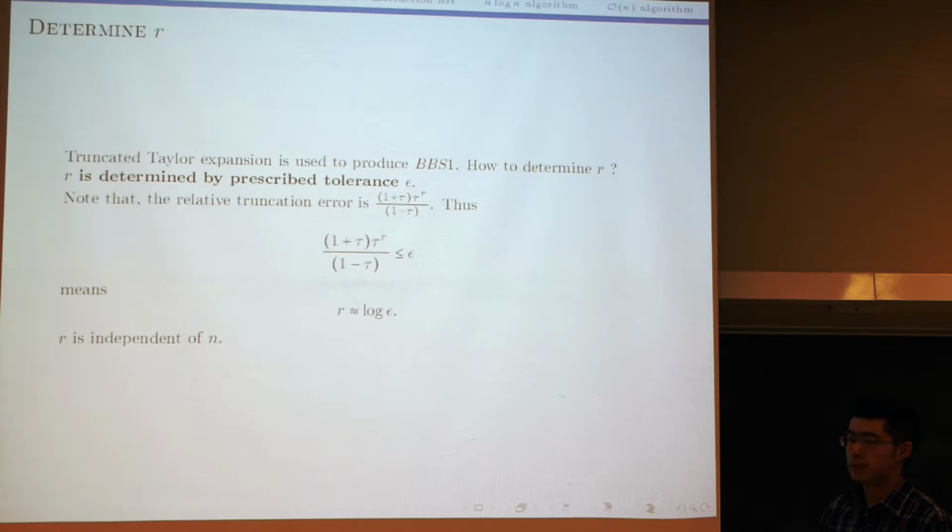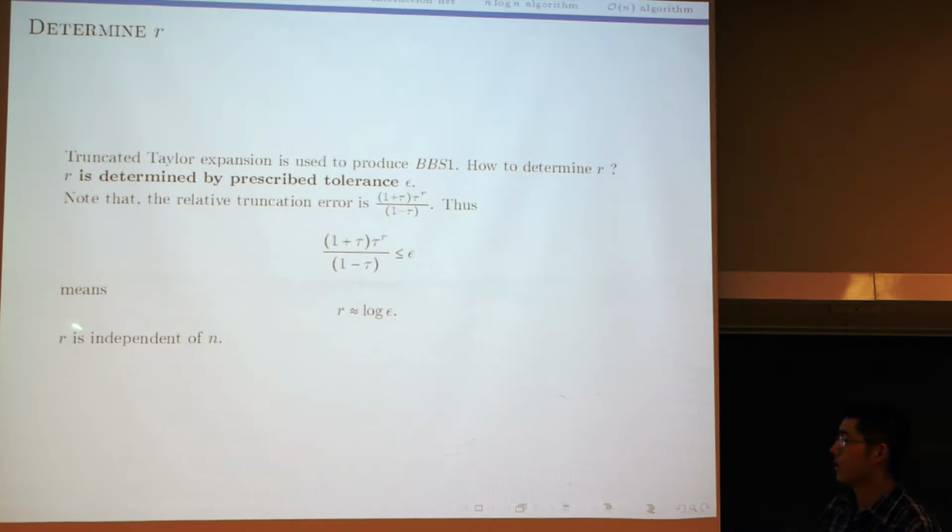So by factorizing K into the form U B V transpose, where the matrices have smaller sides, we can compute the matrix vector product efficiently, because R here is really small, in the sense that R is roughly equal to the log of epsilon, where epsilon is the prescribed accuracy.